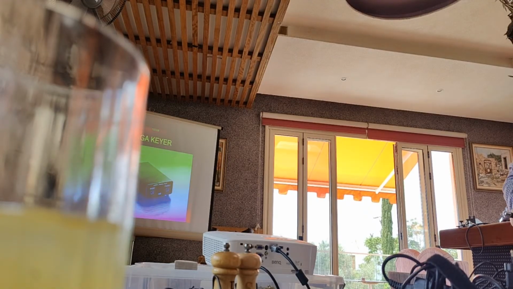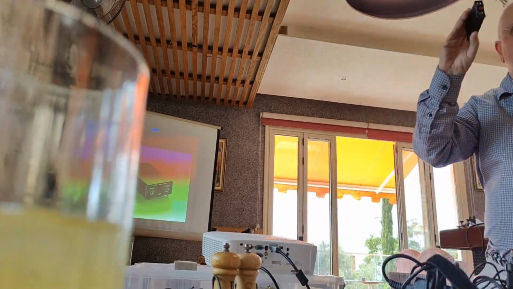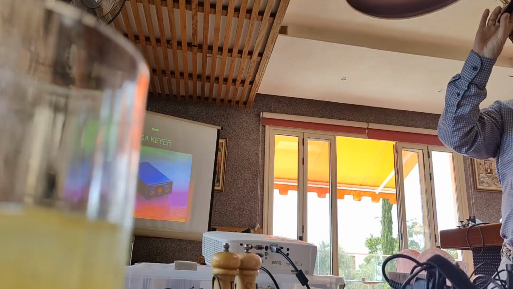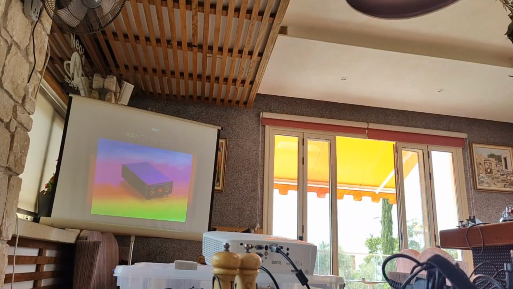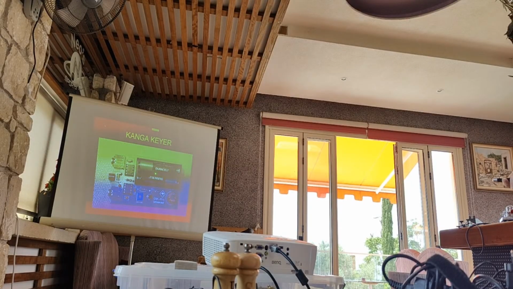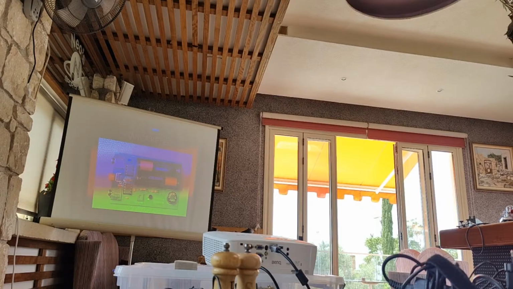Okay. Then we come to the modern equivalent, the Kanga keyer, which is a kit. There's not a lot in it. 2 AAA batteries, microprocessor, a CMOS relay, button, 3 resistors, a volume control, and 4 capacitors. All the intelligence, of course, is in the microprocessor.